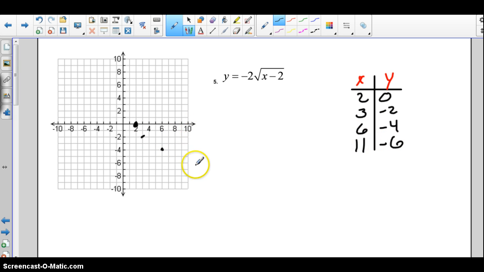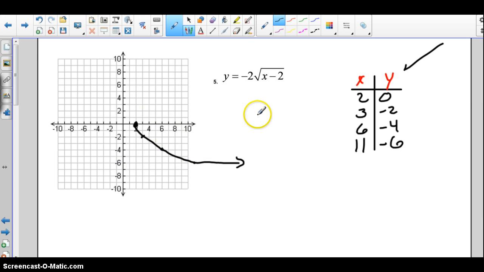So out here, all the way down to about negative 6. And our graph is going to look something like this. Something like that.